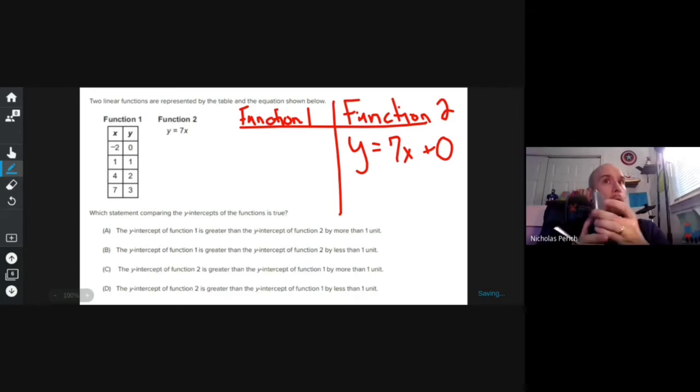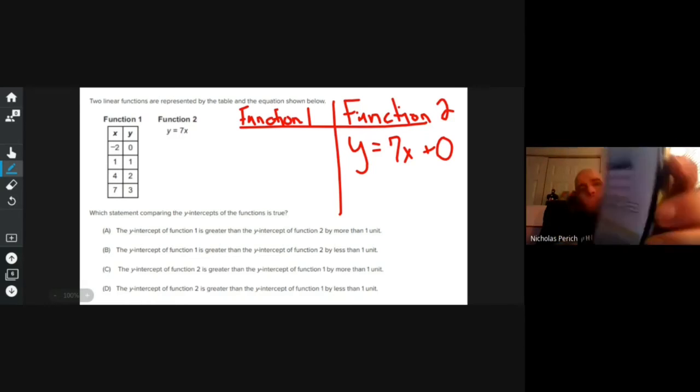So I'm going to go to my little website where I use the NCTM thingamathing. NCTM line of best fit. I'm going to type in those dots.